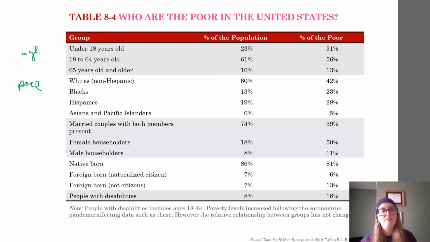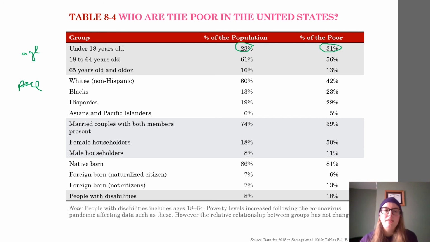So here you have, for instance, the percent of the population who are under 18 years old, as of data in 2018, is about 23%, right? And the people who are under 18 make up about 31% of the poor. So that's how you read it.